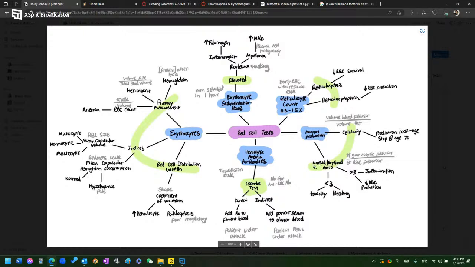You could also look at the myeloid to erythroid ratio. So this was talked about a little bit earlier, when we were talking about the blood cell kinetics and anemias. What that looks like is you're comparing the myeloid cells to the red blood cells.